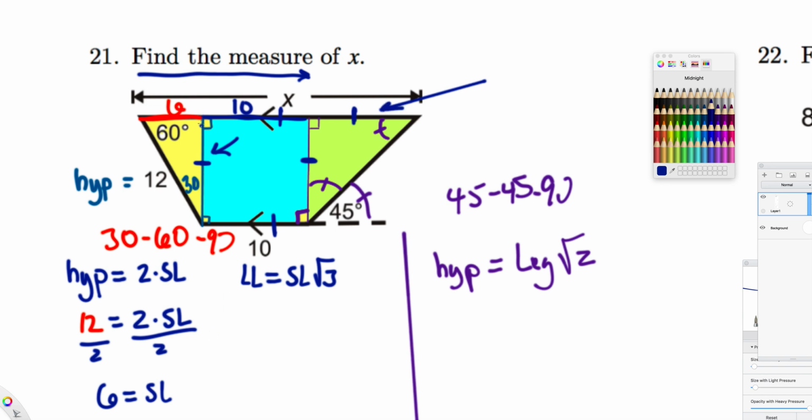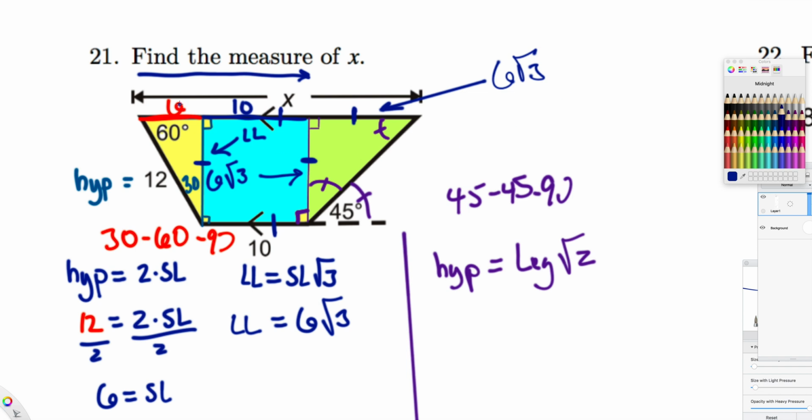We can find this one because we have this 30, 60, 90. This is the long leg of the 30, 60, 90, so if I know the short leg times root 3, that gives me the long leg. So this is going to be 6 root 3, which makes this leg 6 root 3, and this leg is 6 root 3 also.